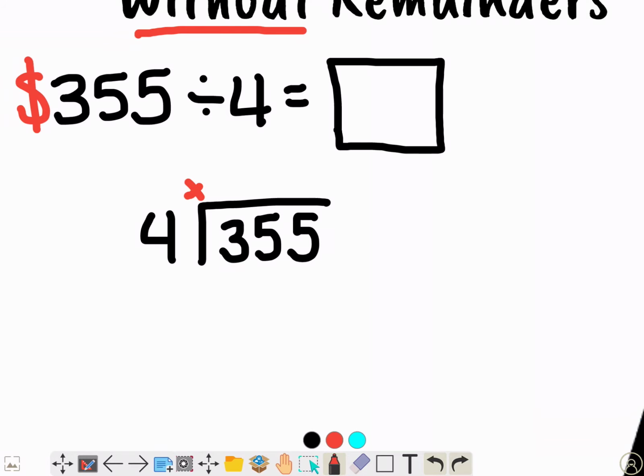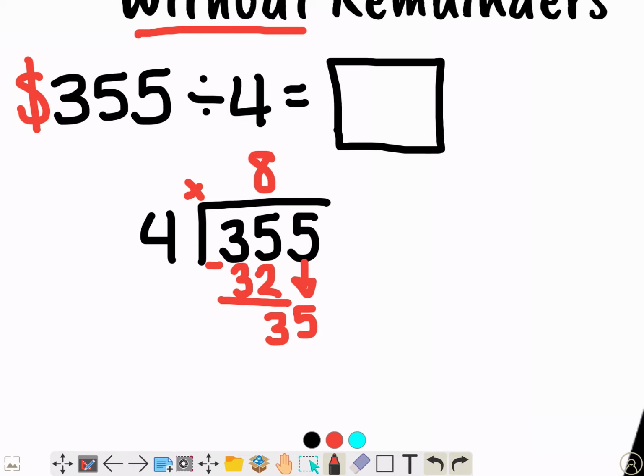How many $10 bills would each person get if there's 35? Well, 4 can go into 35 8 times without going over. What is 8 times 4? That's 32. I subtract. I bring down my 3. I don't have enough 10s for everybody. But if I bring down this 5, I'll have enough 1s for everybody.